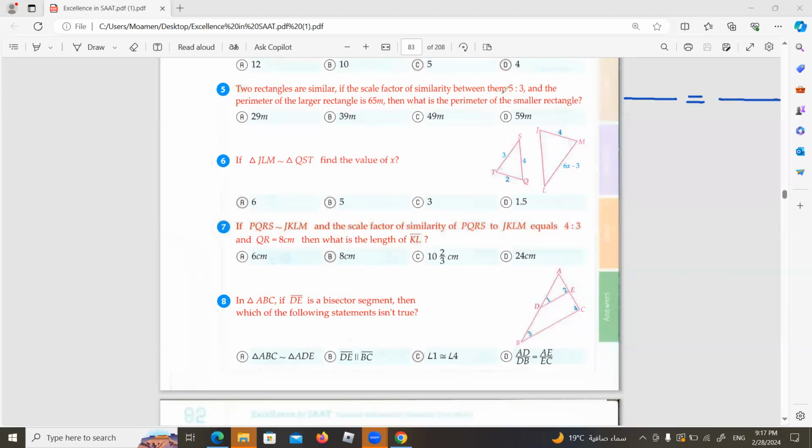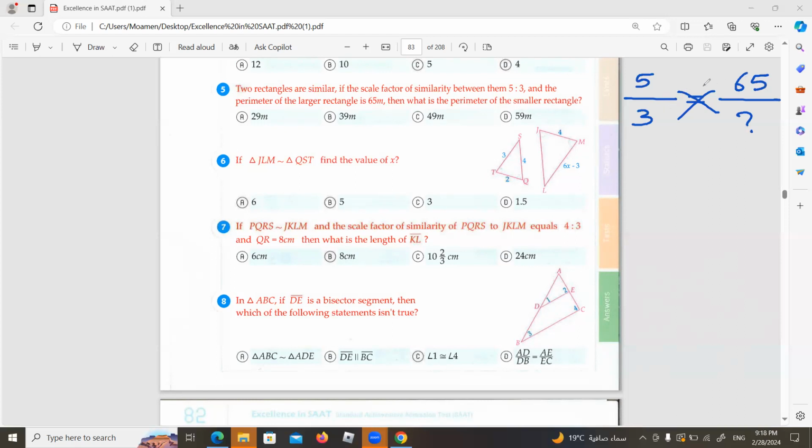Okay, Mister, you said the proportion or the scale factor of the similarity is 5 over 3. Okay, and the perimeter of the larger is 65. So I put 65 up and down. 5 is greater, so 65 is opposite to 5. Okay, I need to find the perimeter of the smaller, so I can name it by X, by question mark, no problem, and get the result, which is what? Yes, it's 39.